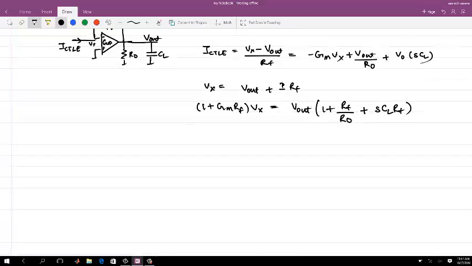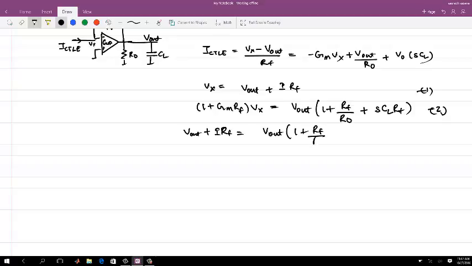Okay, now I will use just these two equations here to get Vout plus IRF equals Vout into 1 plus RF by R0, plus CLRF, which is GMR. So you have Vout into 1 plus RF.